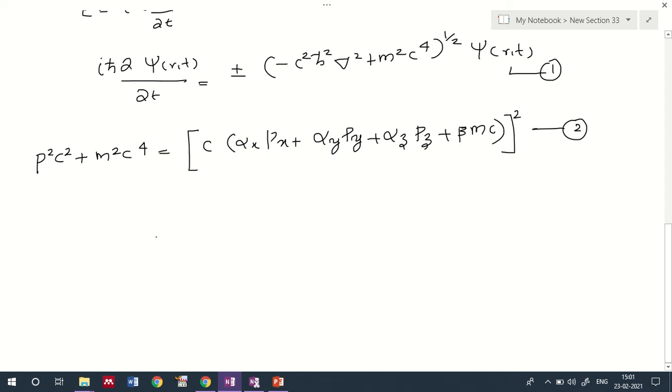Okay, so it has some properties. One is alpha x square equal to alpha y square, which is equal to alpha z square, which is equal to beta square, equal to 1.